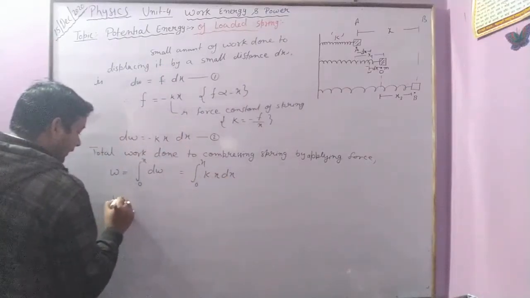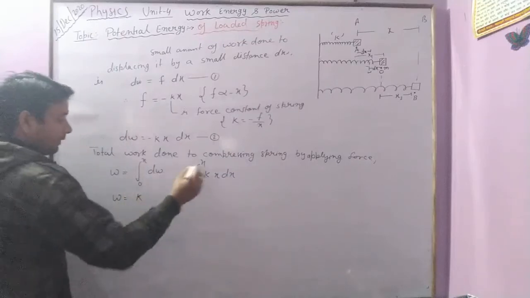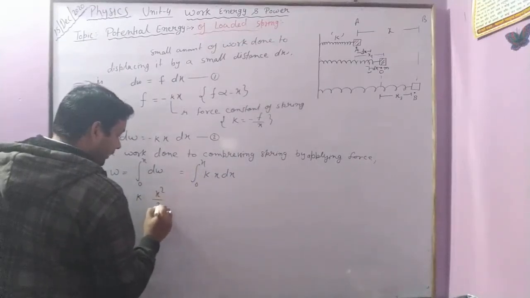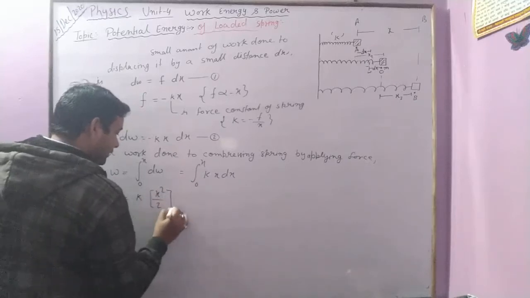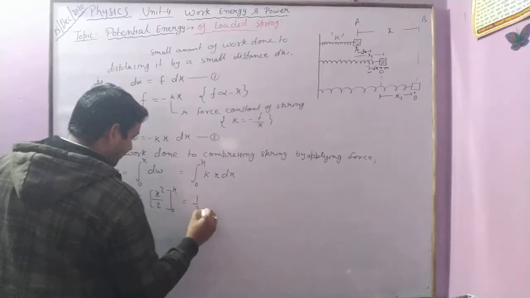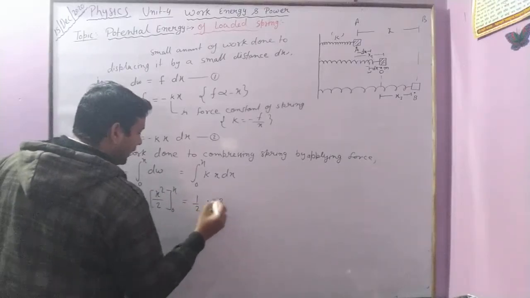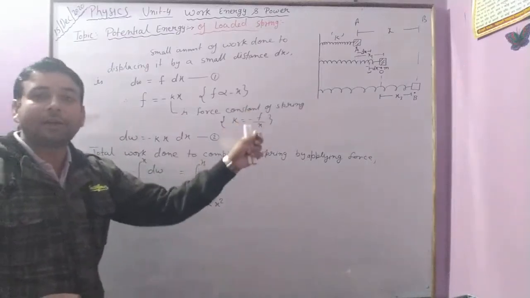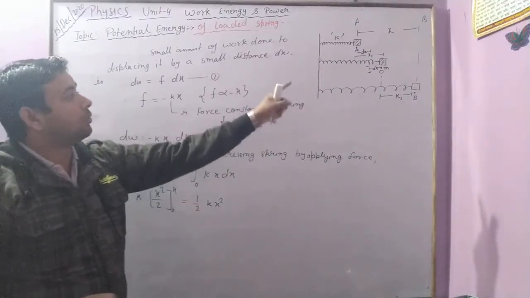Therefore K is constant, and we calculate x square by 2 from 0 to x, which we finally get as half Kx square. This is the work done against the spring compressed from O to A.